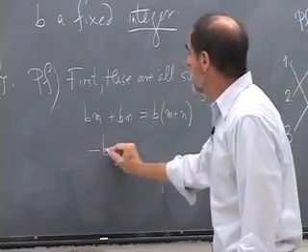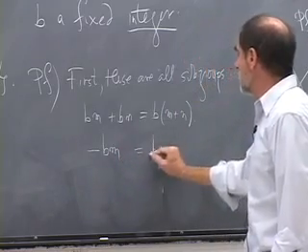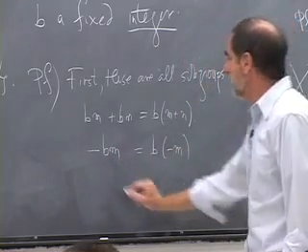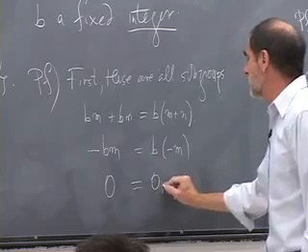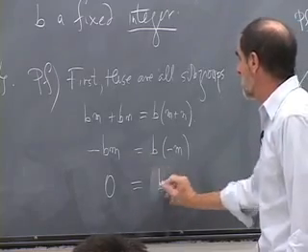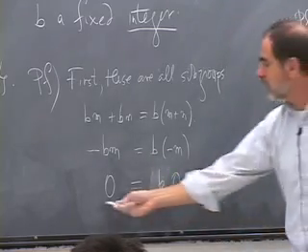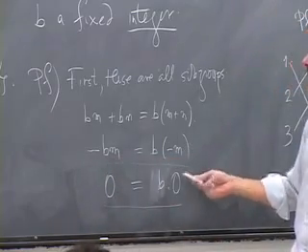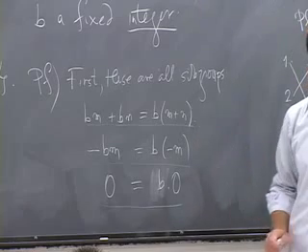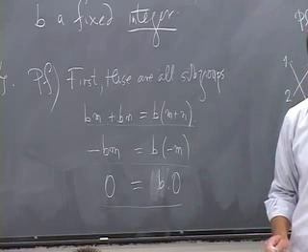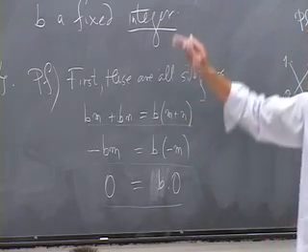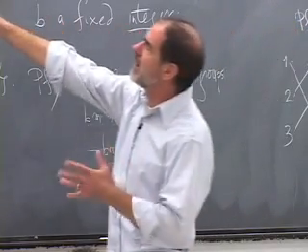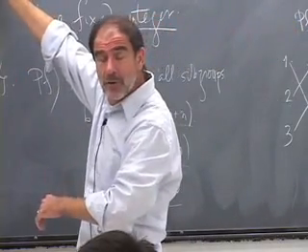The negative of bm is b times minus m. And 0 is equal to 0 times b, which is b times 0. So that shows that the 0 element is in the group. This shows that we have inverses in the group. And this shows that the group is closed under addition. Okay? So all integers divisible by something give a subgroup of all integers under addition.